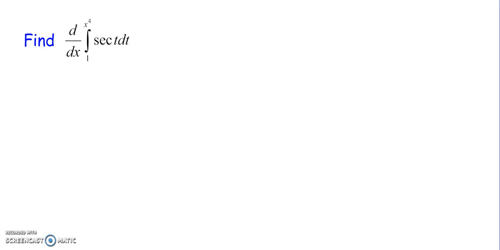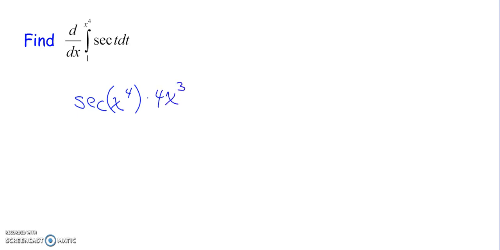Secant x to the fourth is part of your answer. So here, the derivative is going to be the secant of x to the fourth, but because x to the fourth has been substituted in and we're taking a derivative, we have to include a chain rule. So there's one extra multiplication here. What do you think we multiply by? 4x to the third.